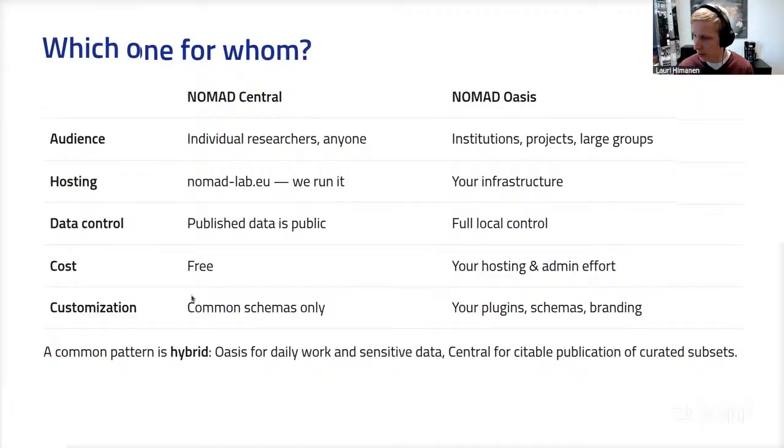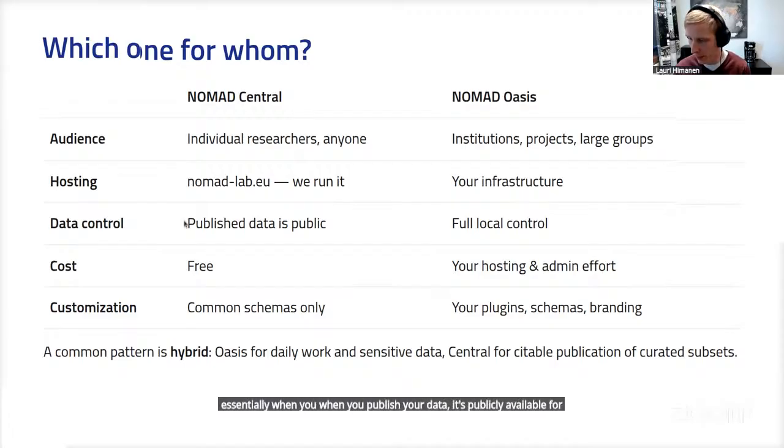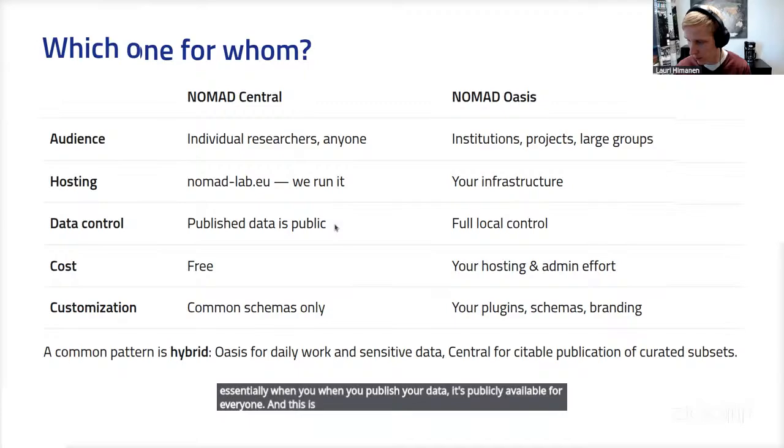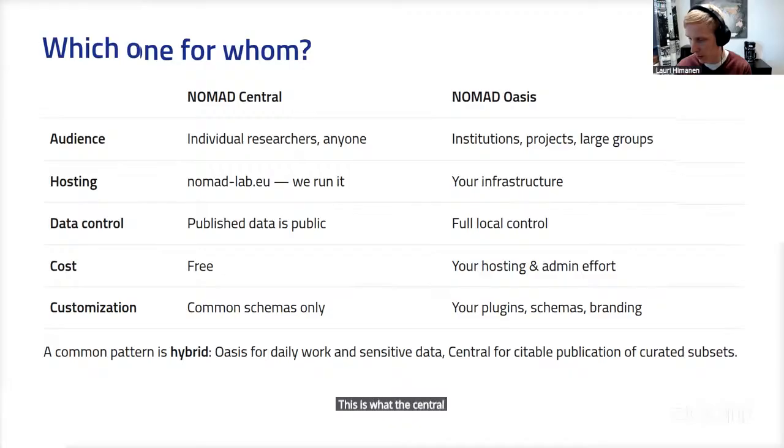With regards to data control, on the central NOMAD, when you publish your data, it's publicly available for everyone, and this is what FAIRness is all about. Getting access to the data, sharing your research data, this is what the central NOMAD is all about.